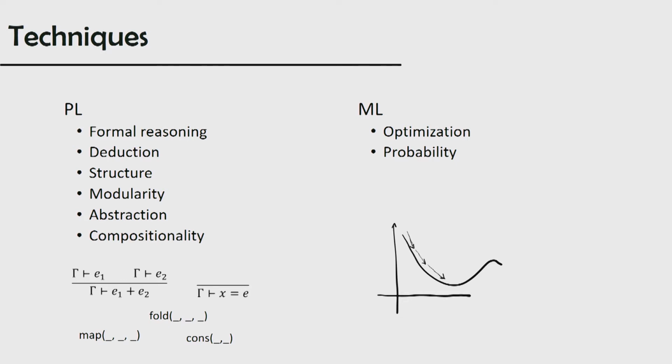On the other hand, we bring in a lot of very powerful machinery for formal reasoning, for deduction. We have a long tradition of focusing on things like structure and modularity, abstraction and compositionality that have tended not to play such a prominent role in the machine learning setting.